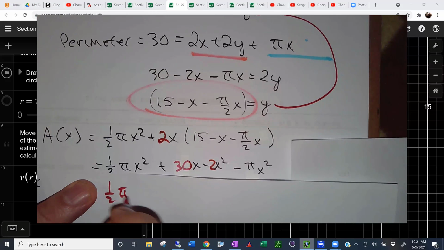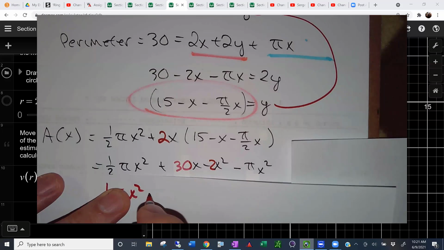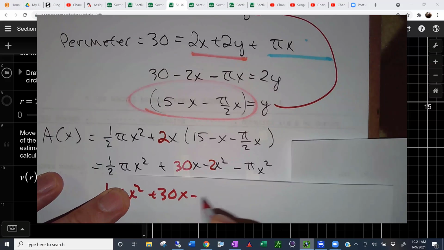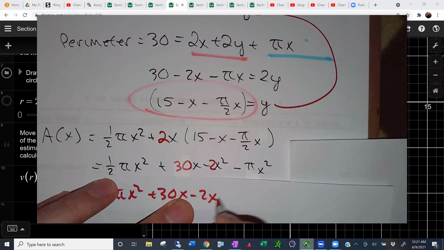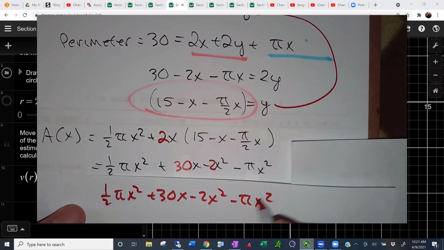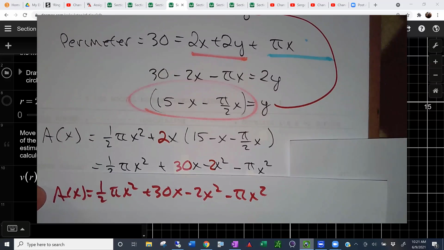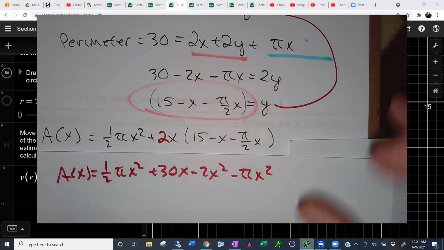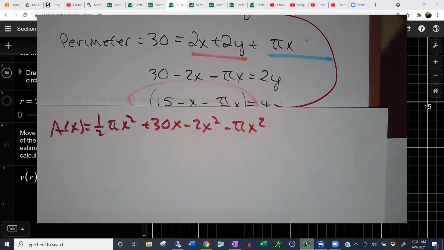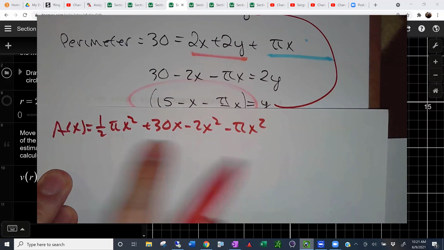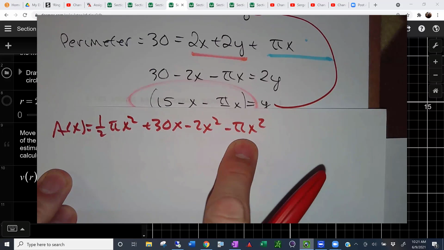One half pi x squared plus 30x minus 2x squared minus pi x squared, and that's going to equal A of x. There are like terms in this that you can combine if you'd like. You've got a 1/2 pi x squared here and a minus pi x squared there.